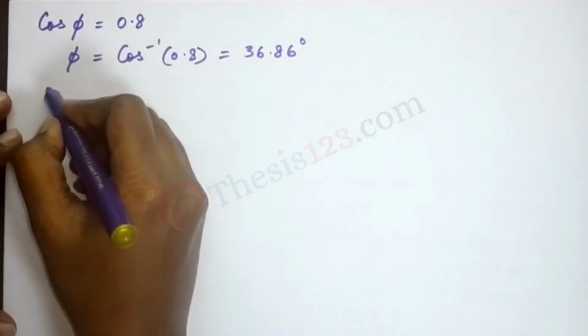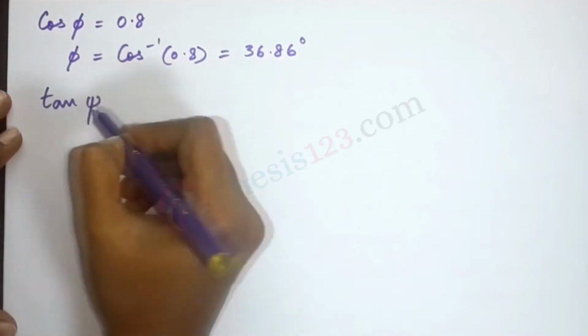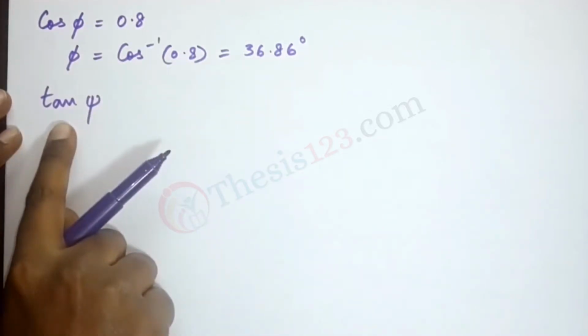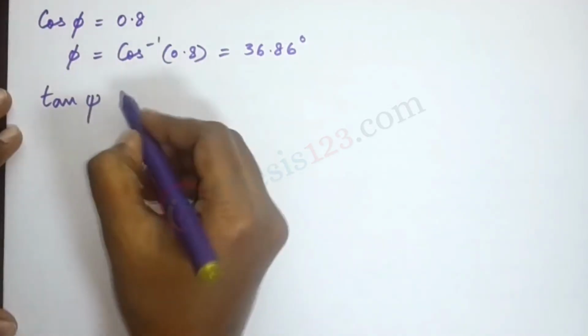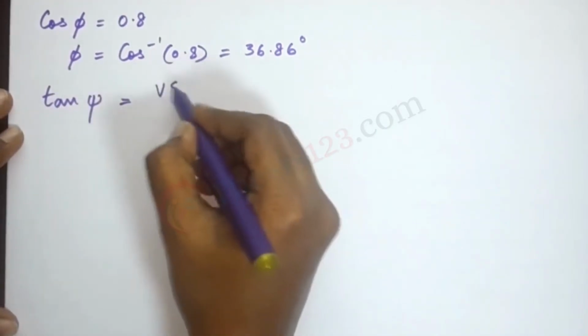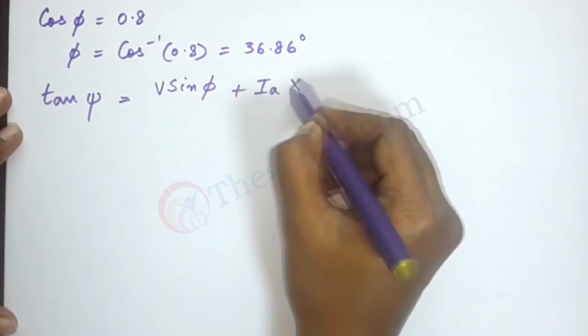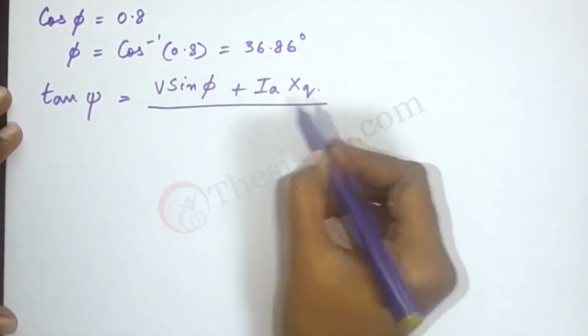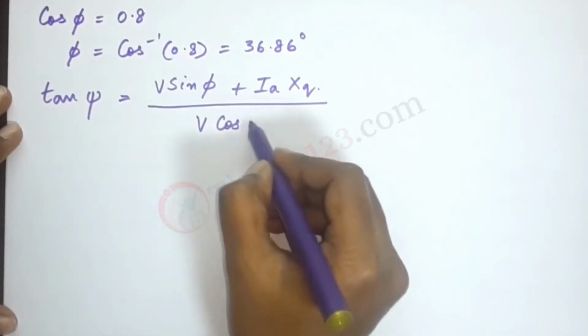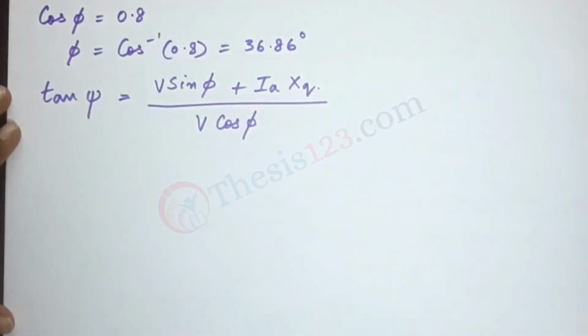Now the next step is to find out what psi is, and to do that we can use the standard formula of tan psi. Tan psi is equal to V sin phi plus IAXQ divided by V cos phi.